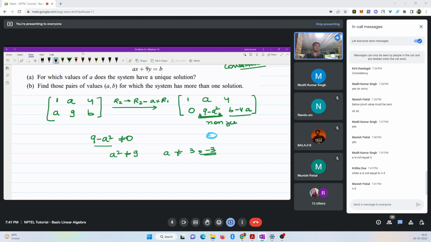If my second row completely becomes 0, then we have more than one solution, right? So this entry should be 0 as well as this entry. You need to find for what pair of A and B this is satisfied. I think you will get two pairs of A and B.